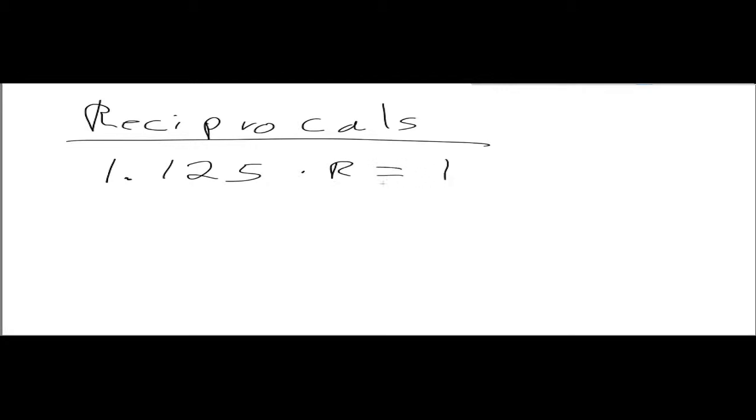Well, the reciprocal of this is the inverse of 1.125, and the inverse is 1 over 1.125 times 1.125, and that's going to be equal to 1.125 over 1.125 is going to be equal to 1. I have found the reciprocal for this decimal form of the equation.